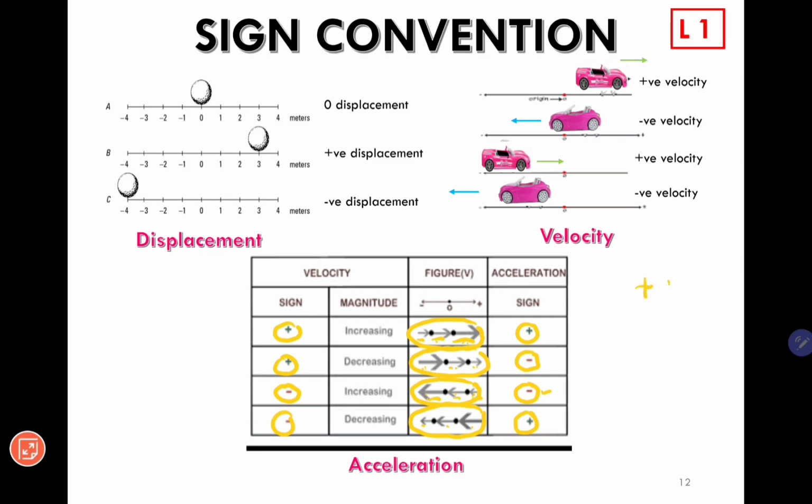Positive a does not necessarily mean accelerating. We need to check its direction. And also negative a does not necessarily mean decelerating. Alright, so we need to check its direction. Okay, I think that's all. We will continue later with the next subtopic. Okay, thank you.